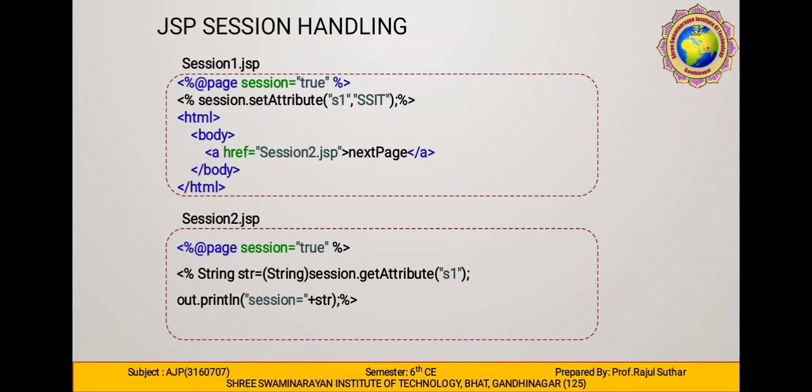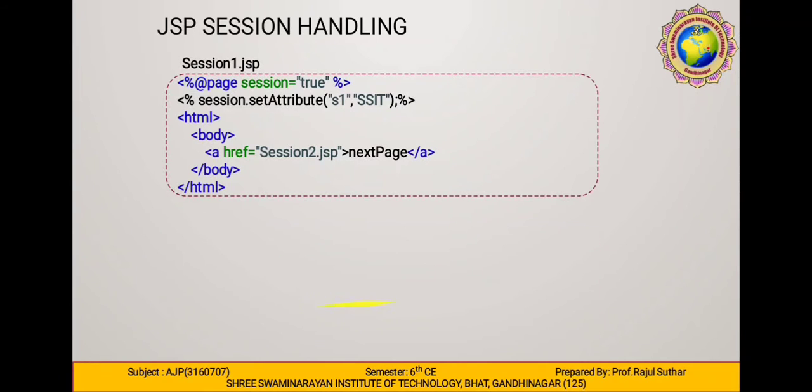So session2.jsp again contains page session is equal to true. Then String str is one object to get the attribute, so session.getAttribute, we require the attribute s1, so the value of s1 will be here. Then out.println with the session plus this string will appear.